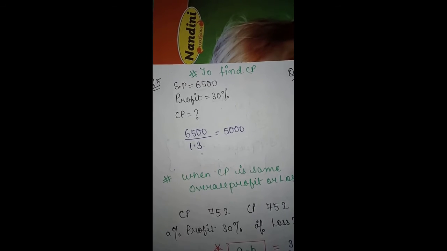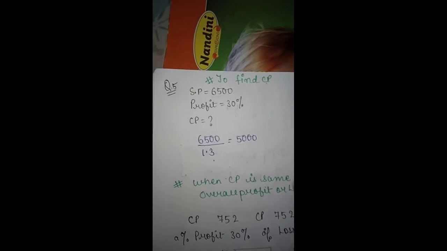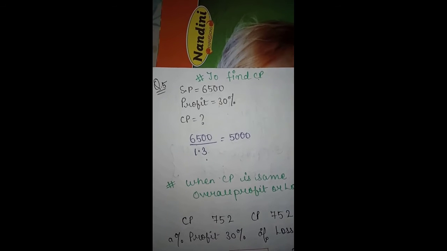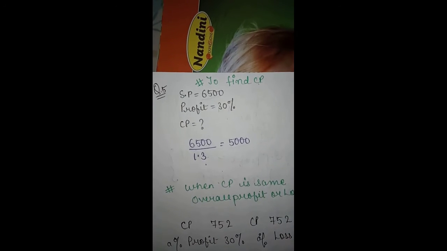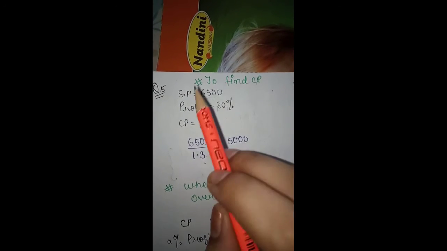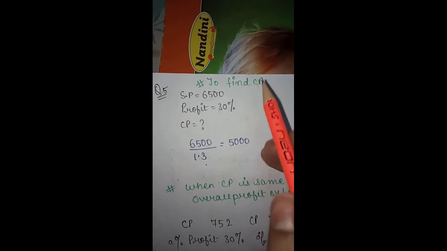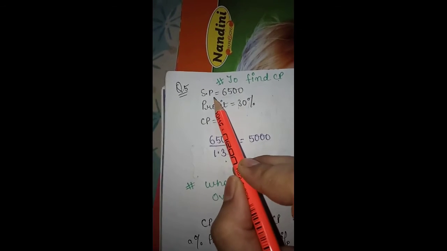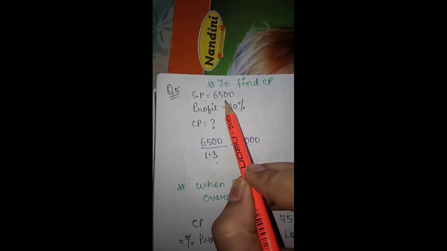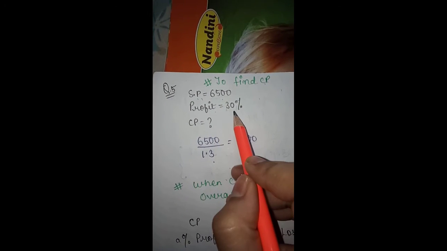Now to find the CP, there is a trick: we have a selling price here and a multiplication factor, and we have to divide now. Earlier we used to multiply. See, the question is, selling price is 6,500 and we have a profit of 30%.